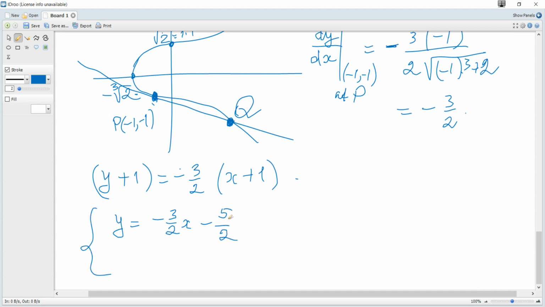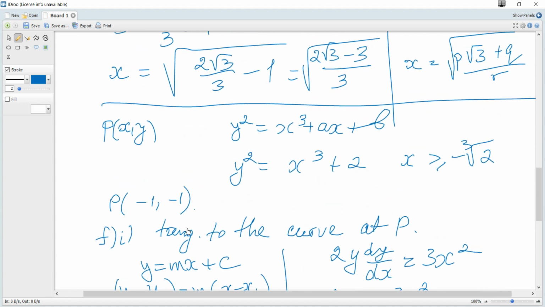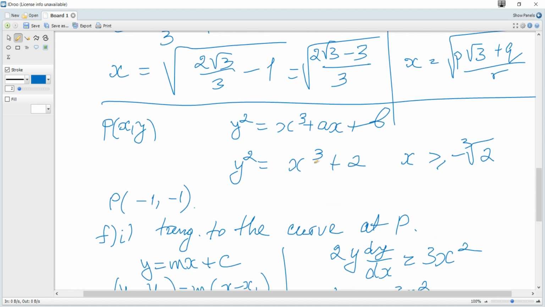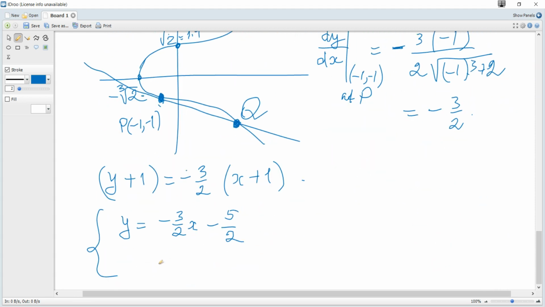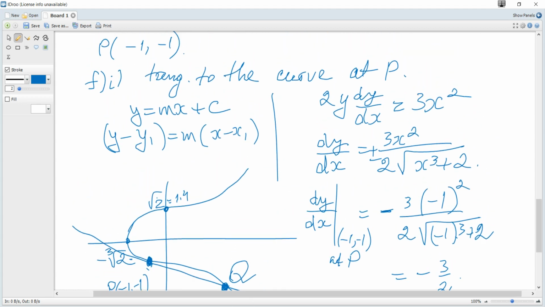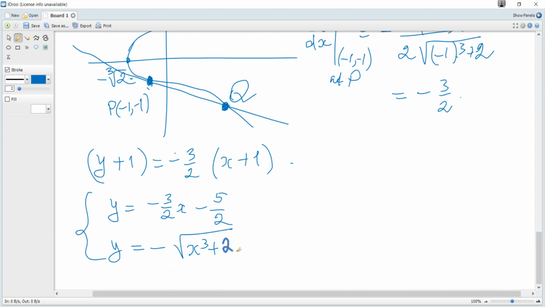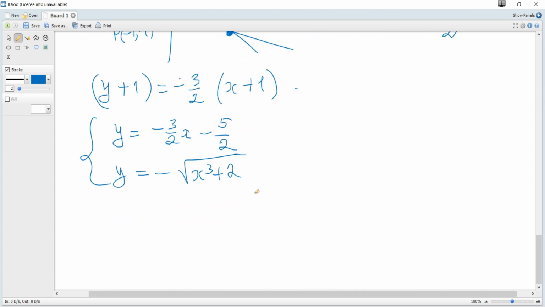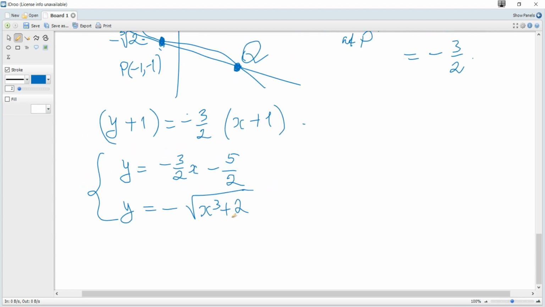And the other is our curve, y squared is x cubed plus 2, but since it's below the x-axis, y is minus the square root of x cubed plus 2, and we need the point of intersection. We can find it with a calculator.